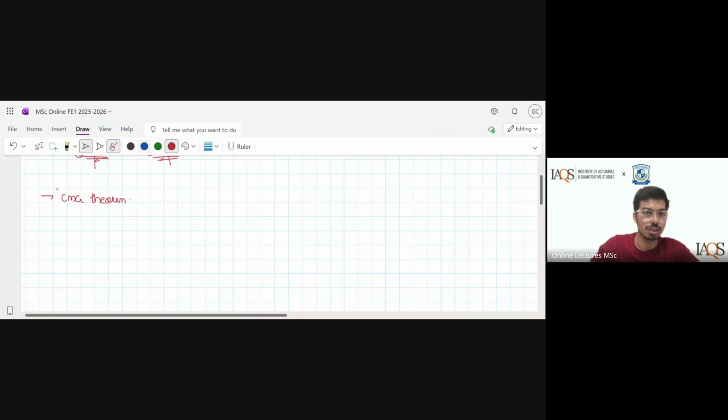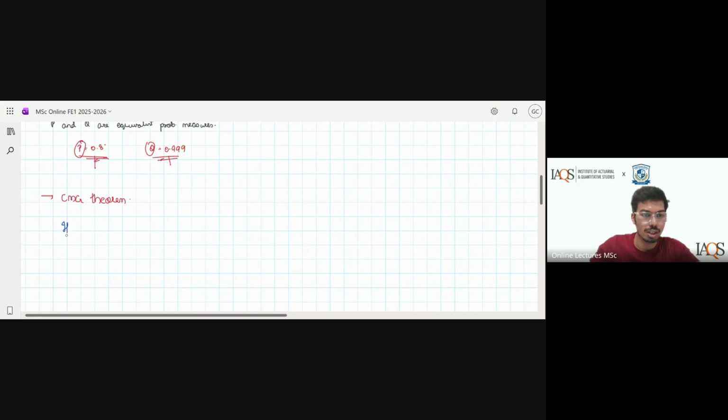Let me write what CMG is. If ZT is standard Brownian motion under P, Z tilde T is a standard Brownian motion.